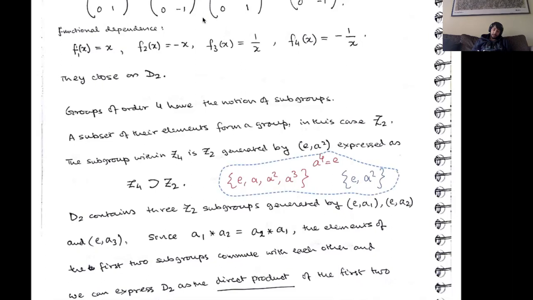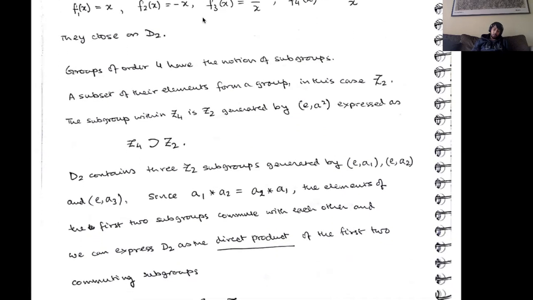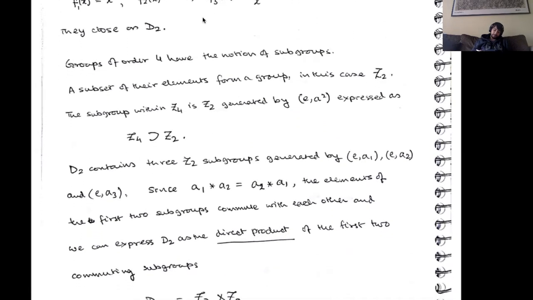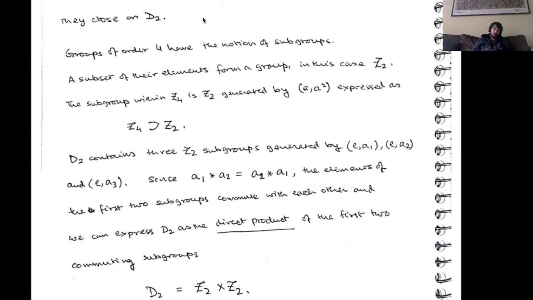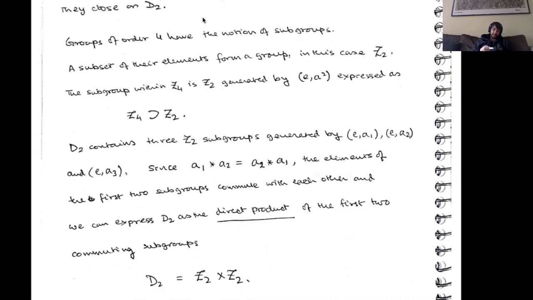Ultimately, it's more interesting to find out what the subgroups of the dihedral group are. So now there are actually three Z2 subgroups. These are generated by E and A1, E and A2, and also E and A3.